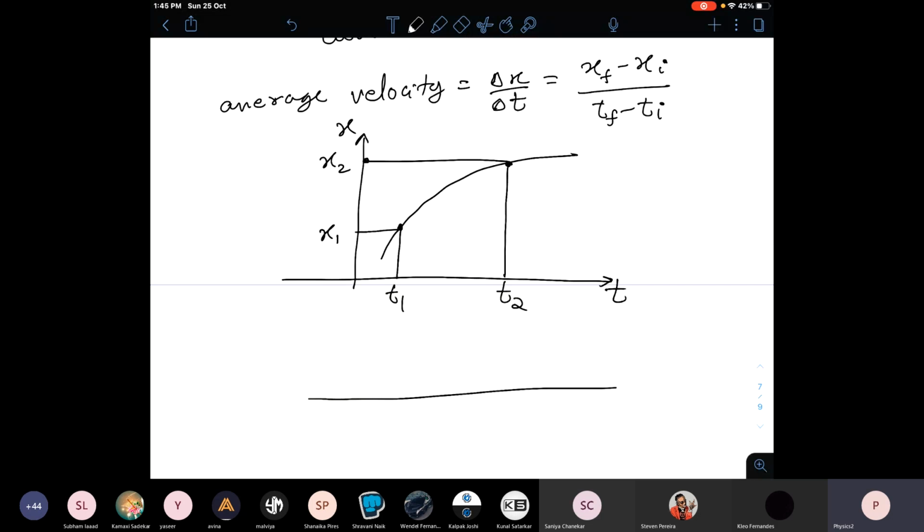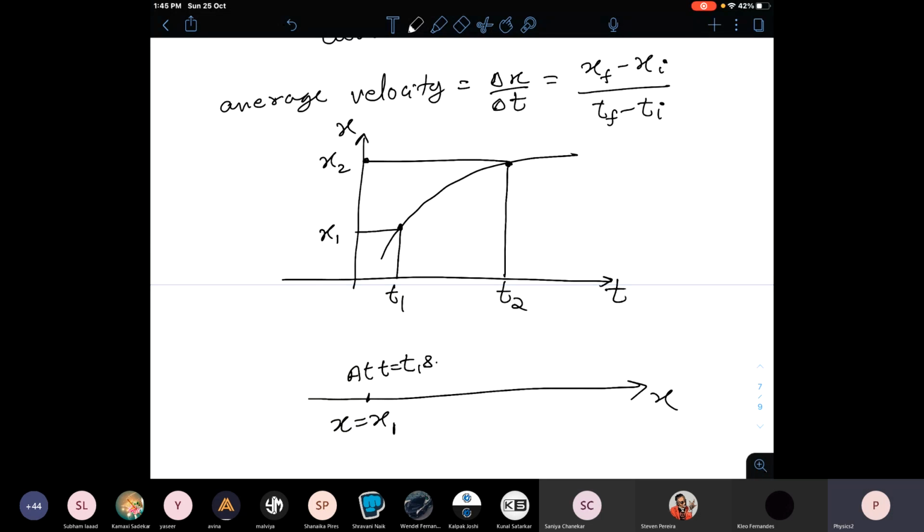A particle is moving on the x-axis. At t equal to t1 seconds, the particle is at x equal to x1.